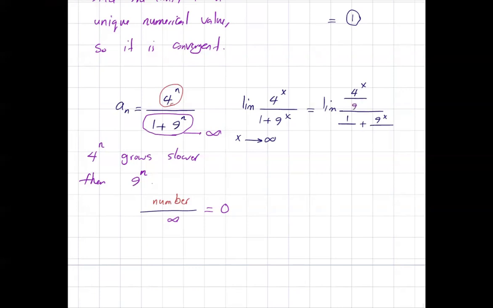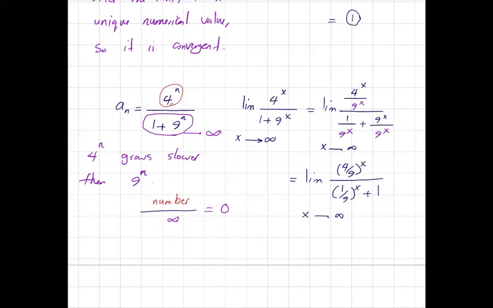So here you have 9 to the x, 9 to the x, 9 to the x as x goes to infinity. So this can be written as the limit of 4 over 9 to the x divided by 1 over 9 to the x plus 1 as x goes to infinity.